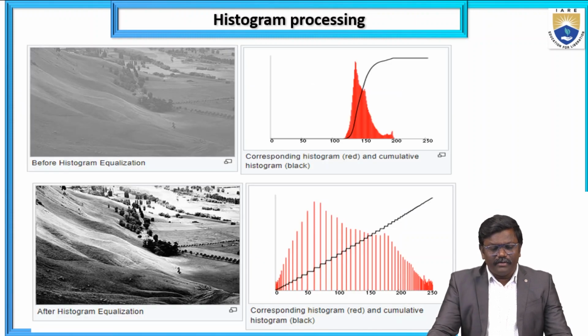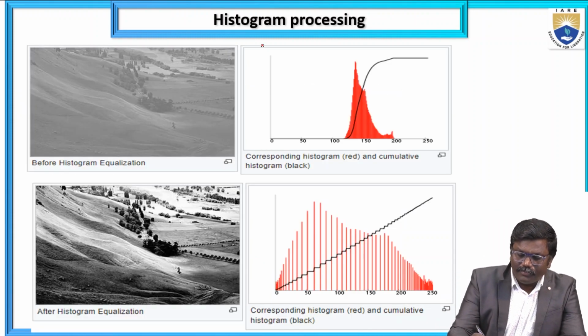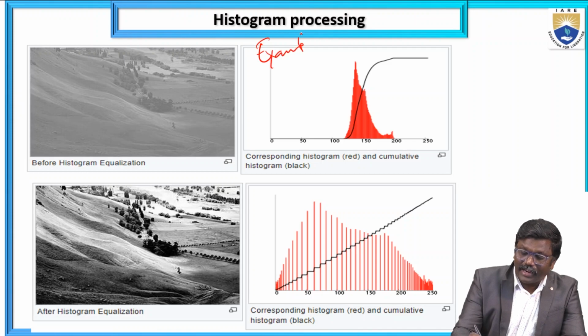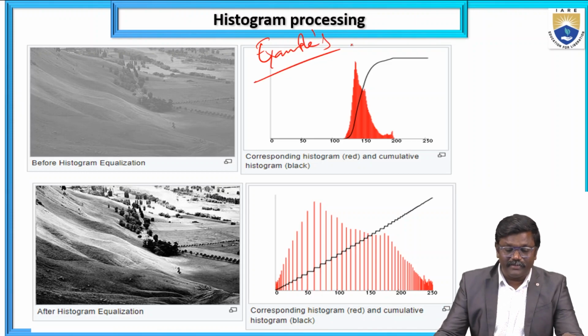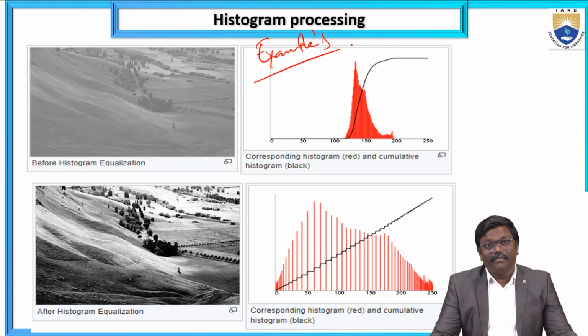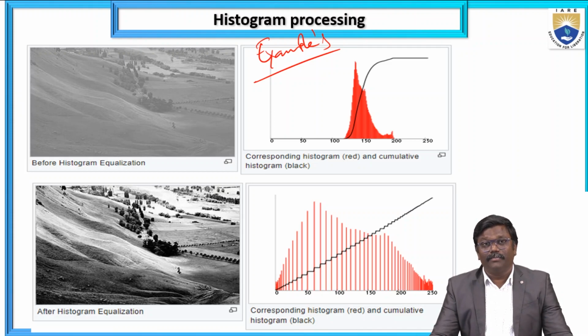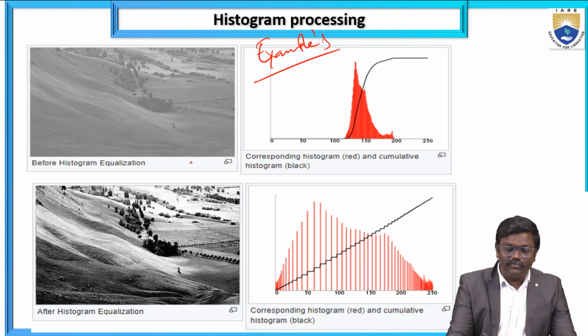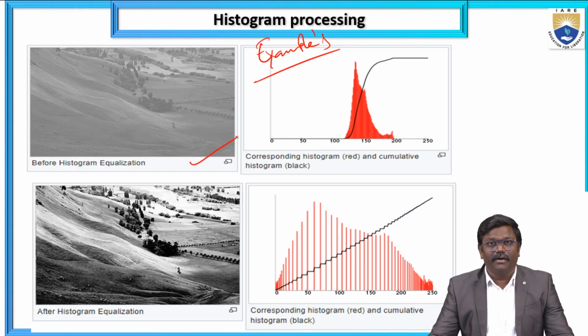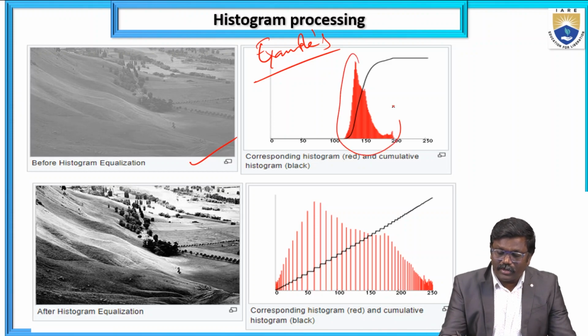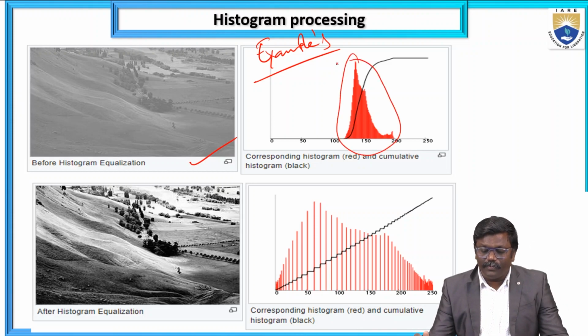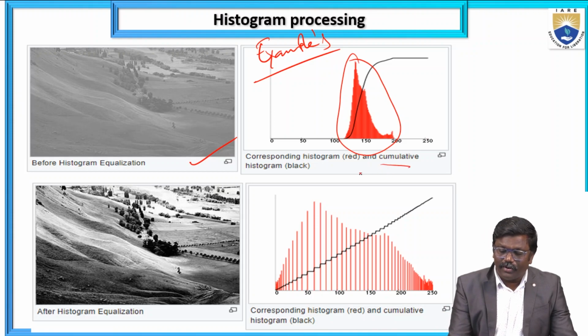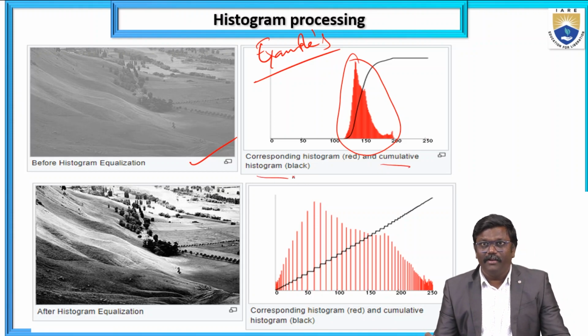For example, let me show some image processing by applying histogram equalization, based on the advantages and disadvantages. We have this image, which we copied from the internet, and we found the histogram equalization corresponding and equivalent to the histogram.